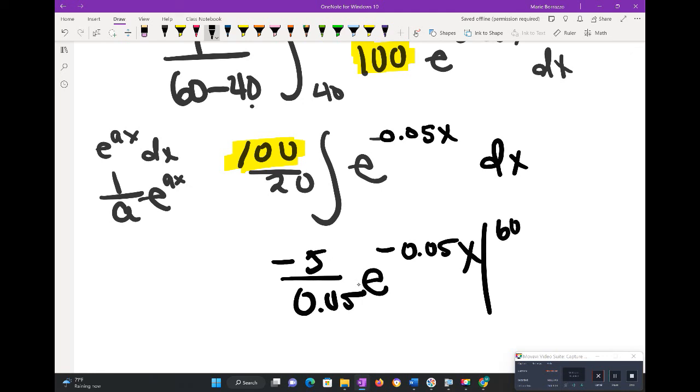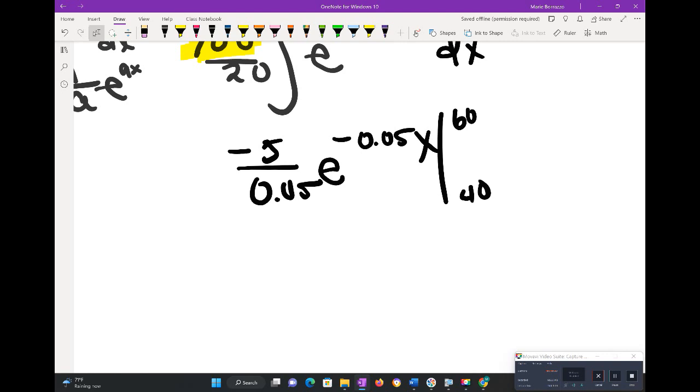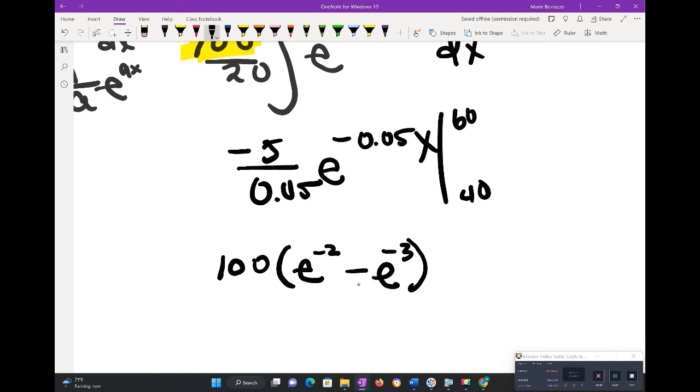Again, the interval of still 60 to 40, which reduces to, remember now we have 100 times e to the negative 2 minus e to the negative 3. And the value for that is approximately, you got to throw it in the calculator, you do get 8.55. So it's approximately $8.55.